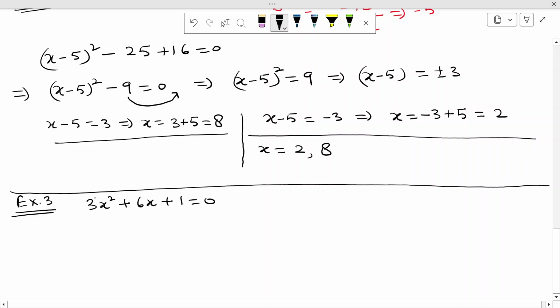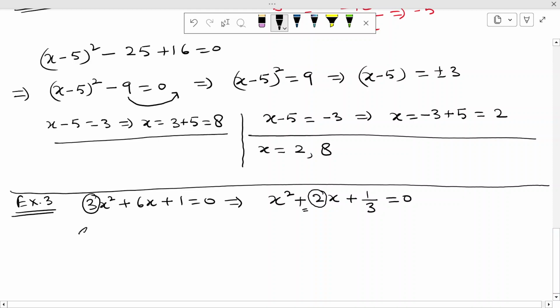Here you can see that the coefficient of x square is not 1, in fact it is 3. So our first step is we have to divide this equation by 3. When you divide this by 3, this will be x square plus 2x plus 1 by 3 is equal to 0. Now again you look at the coefficient of x, which is 2, and this is with positive sign.